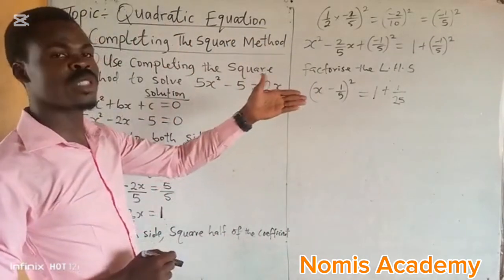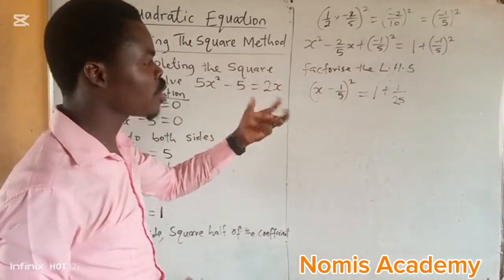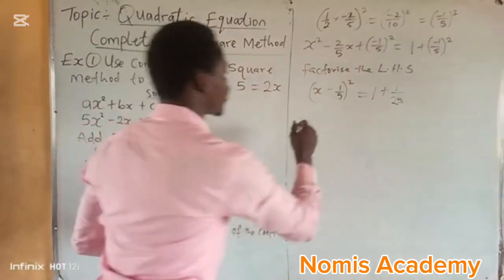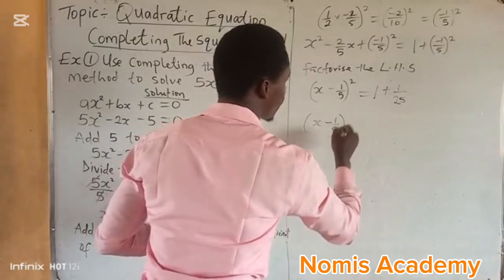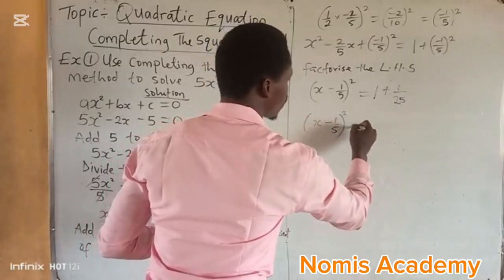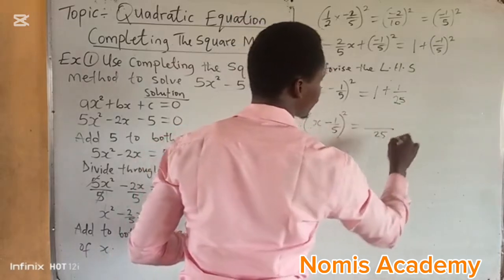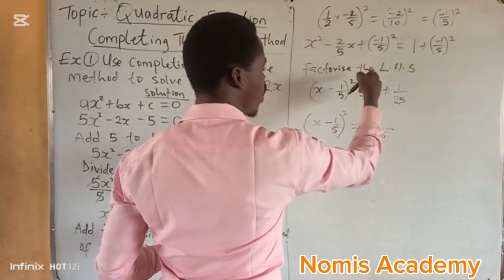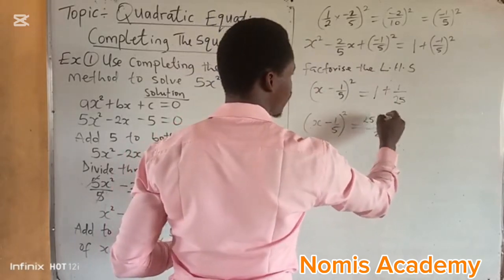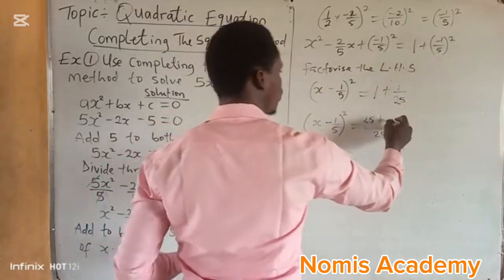Alright, we need to simplify the right hand side so we can get something substantial, and then we have x minus 1 over 5 raised to the power of 2 equal to, LCM is 25, and then 25 divided by 1 multiplied by 1 will give us 25, plus 25 divided by 25 is 1, 1 times 1 is 1.